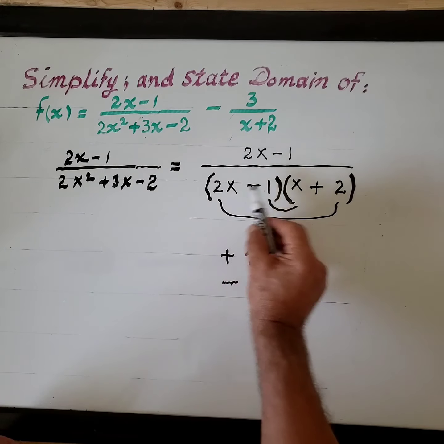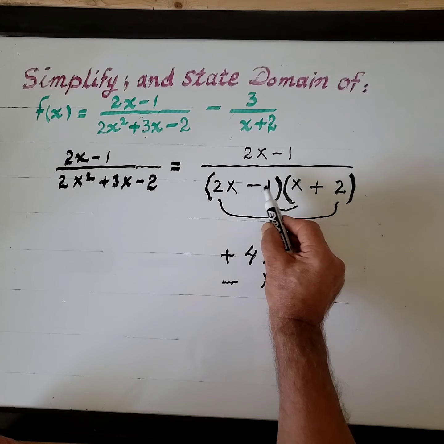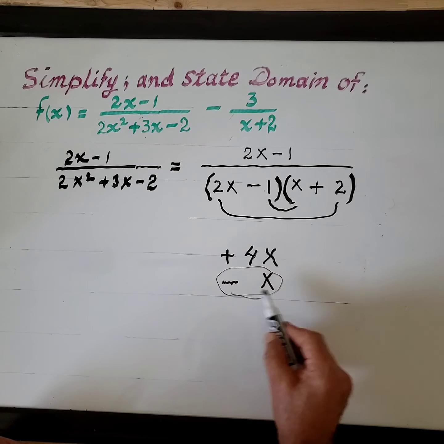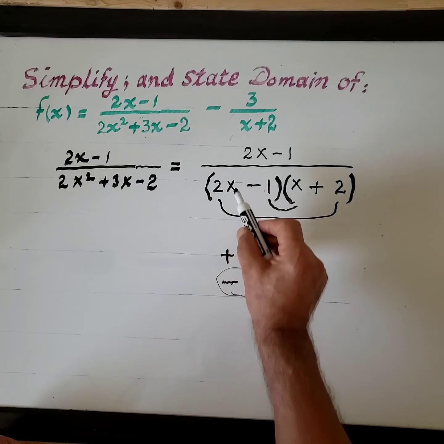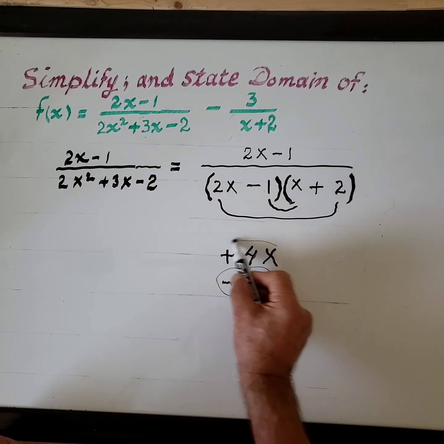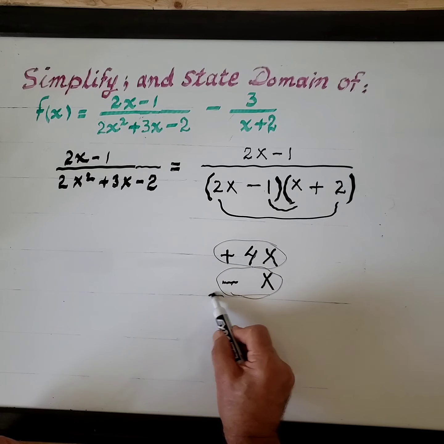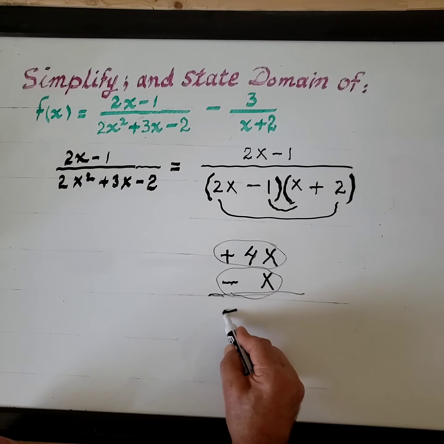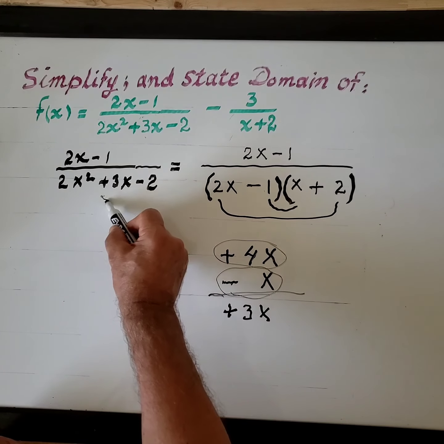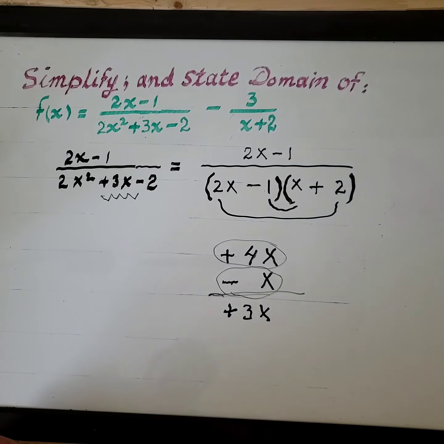When you test your factorizing, you see negative 1x here gives you 1 minus x, and positive 4x, and the difference between them is plus 3x, which is the same as in the middle.